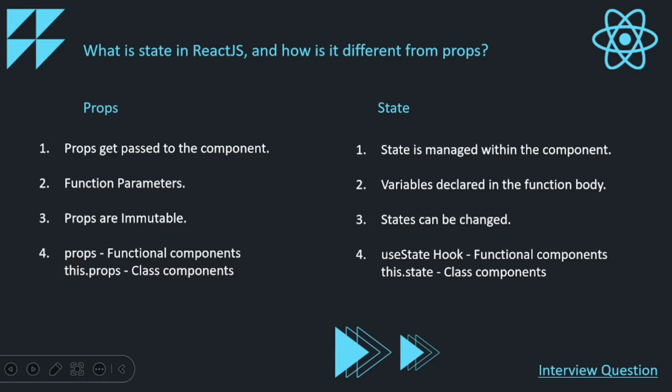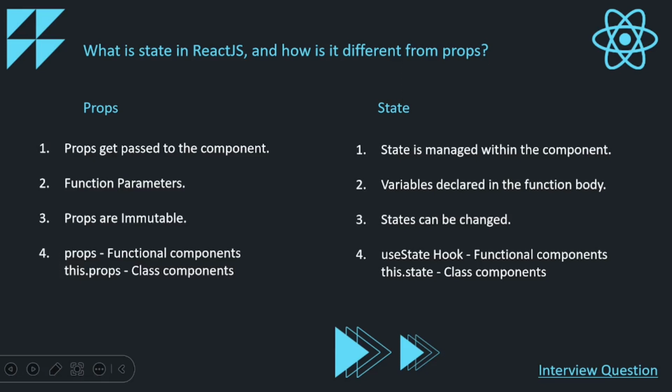Next, props are immutable. So once we pass the value of props from the parent to the child component, the value of props cannot be changed in the child component, whereas state can be changed. We use the set method to change the value of state inside the single component.